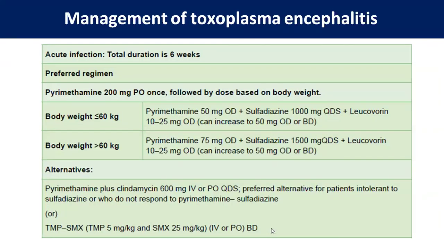So, coming to the management, pyrimethamine 200 mg per oral once, followed by a dose based on body weight. Pyrimethamine, sulfadiazine, leucovorin, and the body weight is more than 60 kg. Now, the dose is different. Another alternative treatment is cotrimoxazole, trimethoprim sulfamethoxazole, which we also give as primary prophylaxis.